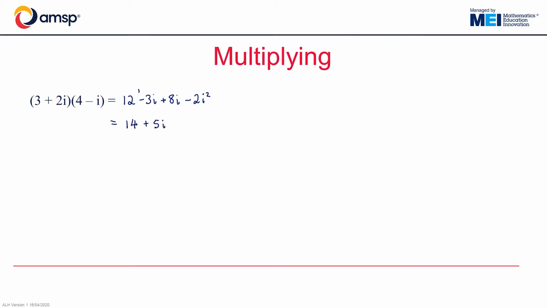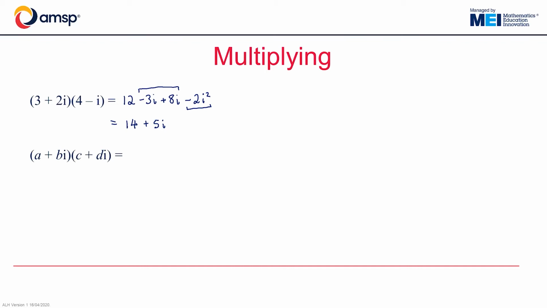While if you and your students are confident it's perfectly okay to do that step as a single step, I would advise against trying to write that as plus 2 straight away. The opportunity for losing minus signs is just too great.